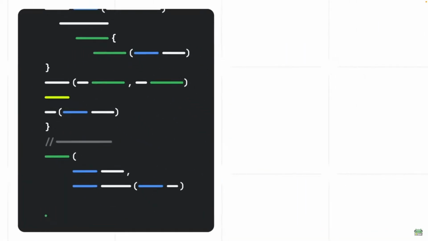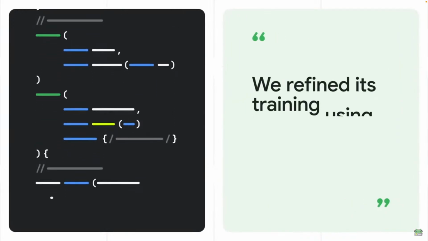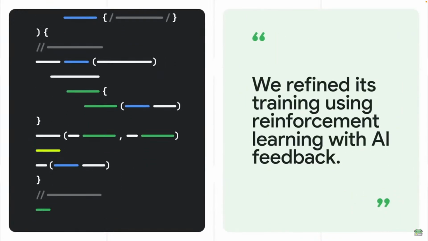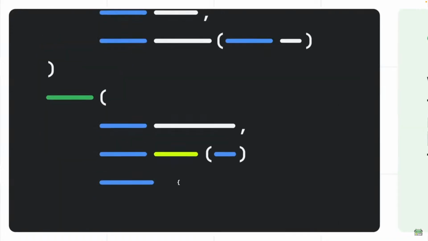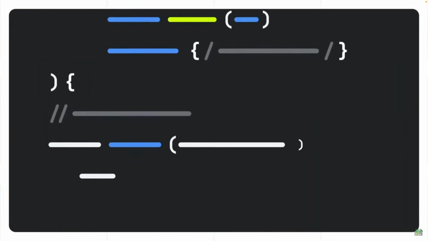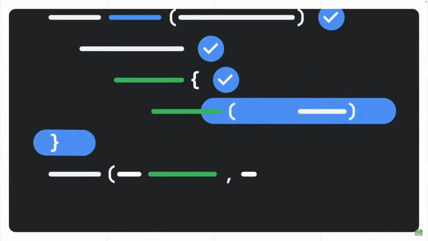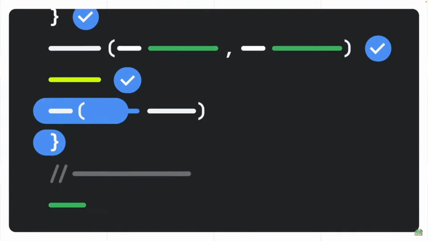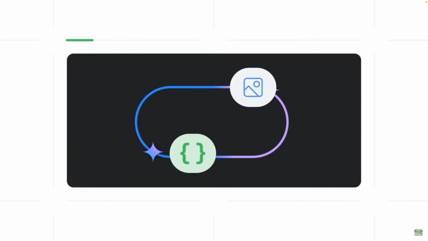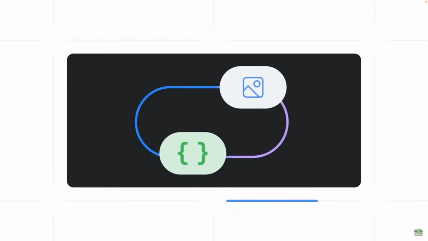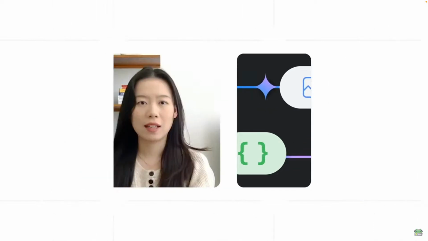To ensure the model generates high-quality Android code, we refine its training using reinforcement learning with AI feedback. An AI judge evaluates the generated code and assesses if it adheres to best practices, its overall effectiveness, and if it can handle the complexities of real-world application development. Reinforcement learning provides additional training signals that improve the model's ability to follow complex instructions. Given Compose UI code is a declarative framework, straightforward and easy to reason about. We thought Compose UI code generation would be a great initial application of multimodal AI.